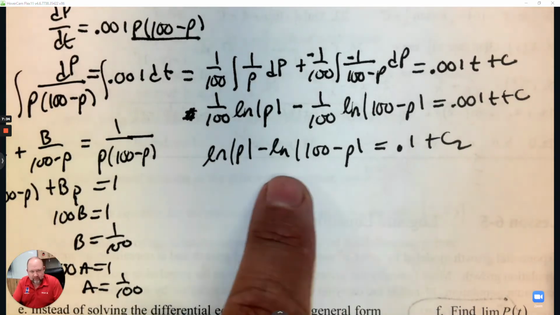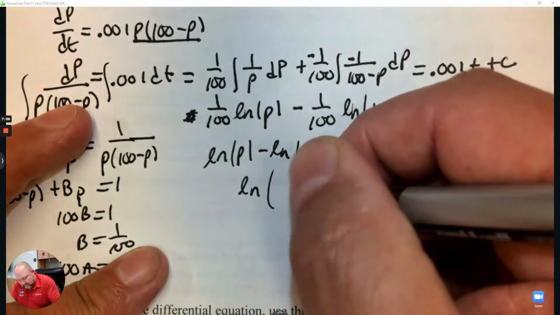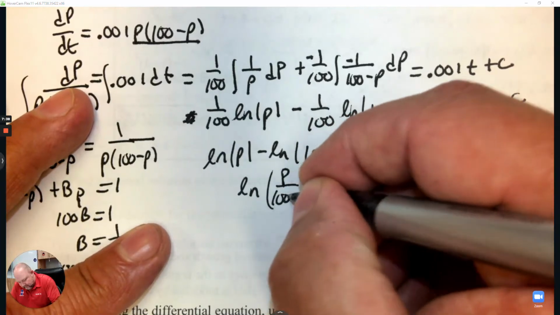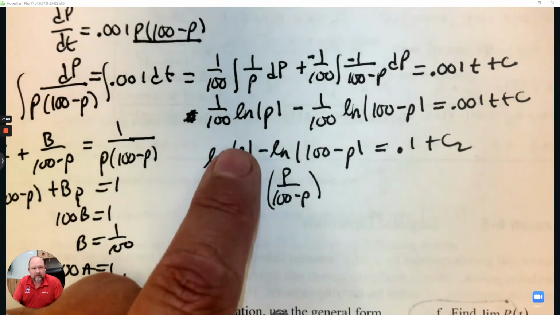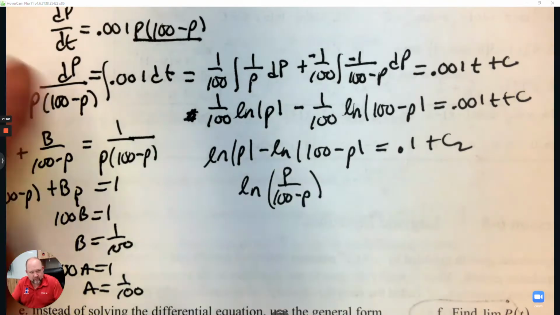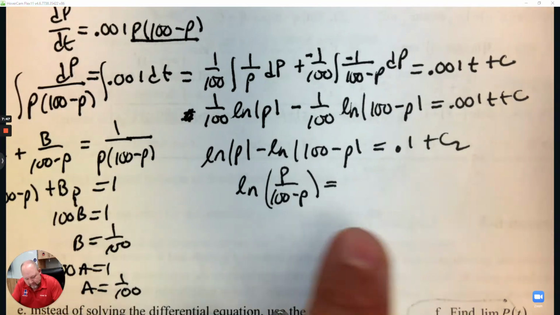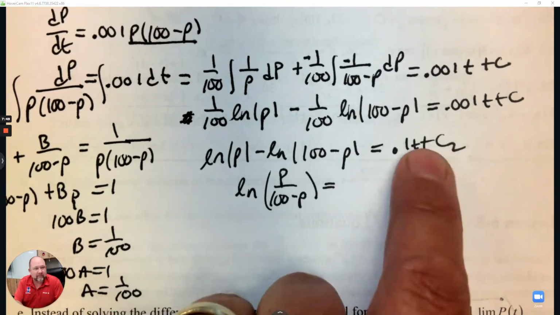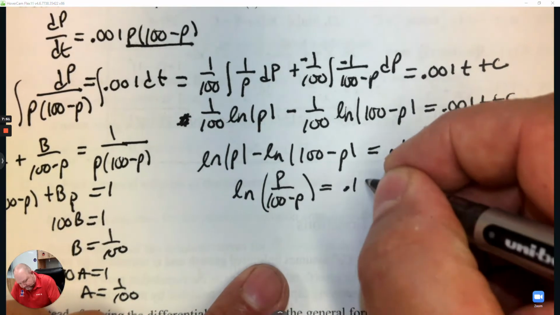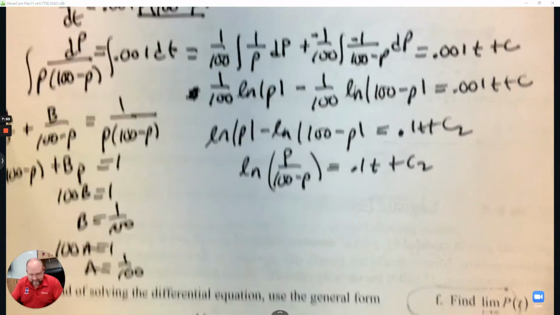Now I'm going to use properties of logarithms. So when you're subtracting, it means you're dividing. So I have P divided by that is equal to... Oh, what happened? There's a T there that I forgot. So multiply that 0.1 T plus the constant.